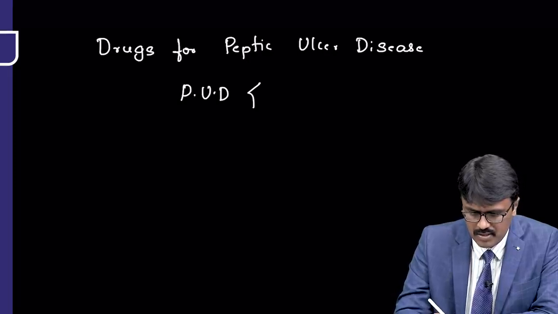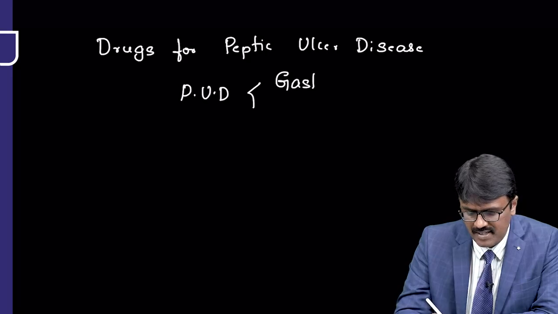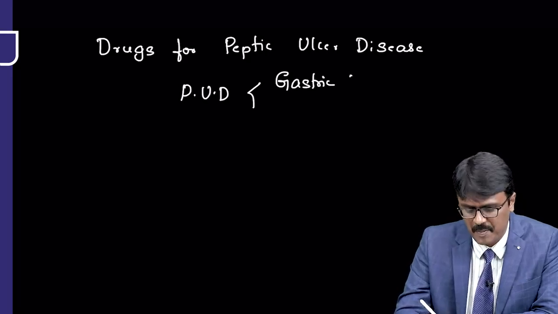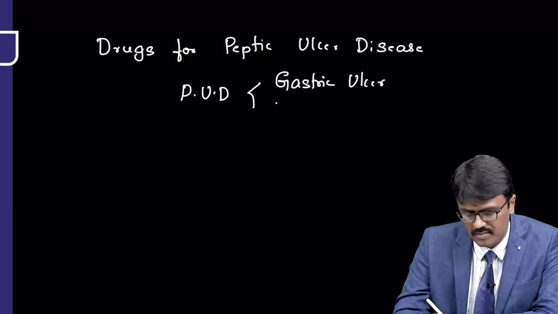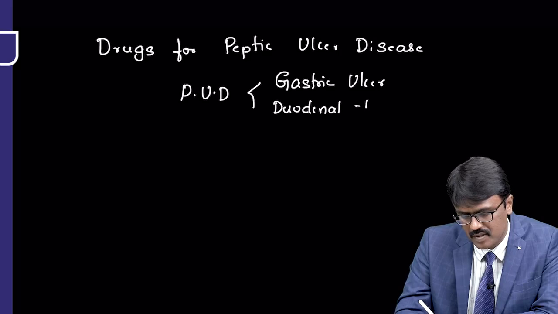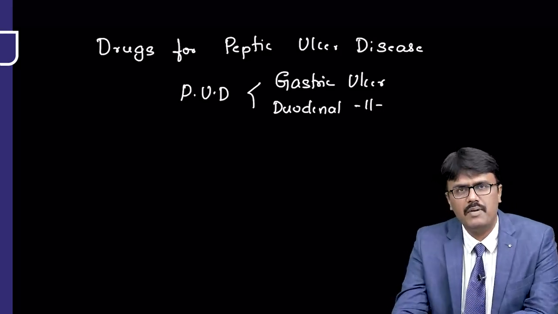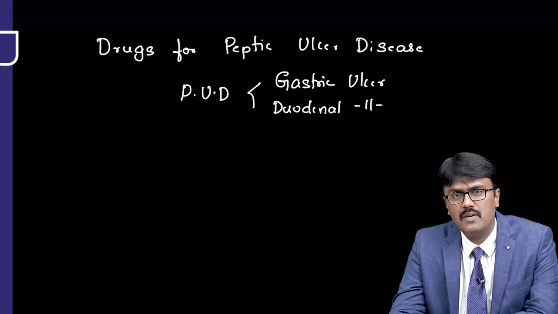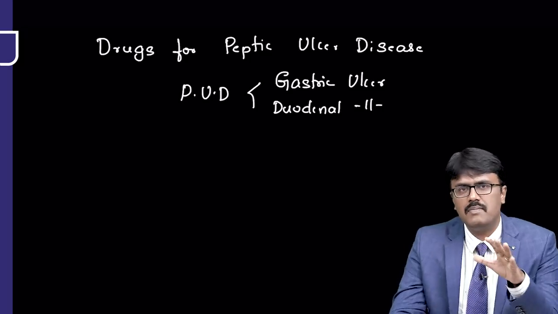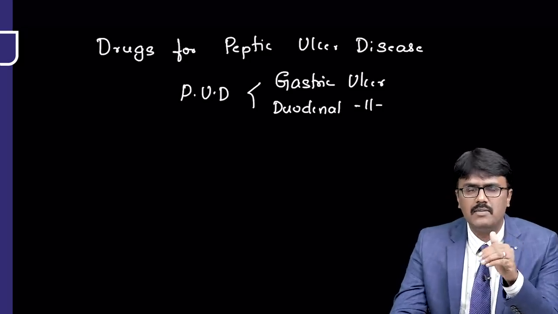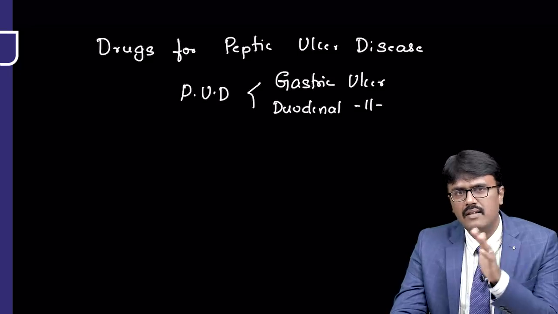So two important ulcers, the gastric ulcer, and one more is the duodenal ulcer. Usually not everybody has the ulcer or gastritis, but only few people will have this problem. What is the reason? The reason is simple, because nature has given a balance between the acid and the protection.